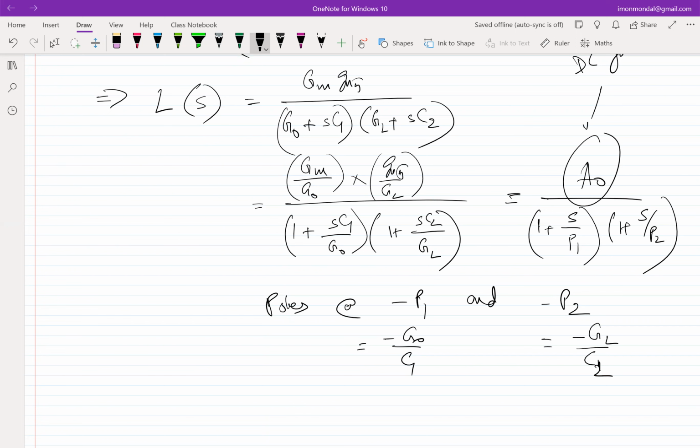Yeah, C2. These are real poles, not complex poles. These are real poles of the loop gain. So what do you think is following next? We'll do it in the next class. Okay, thank you.